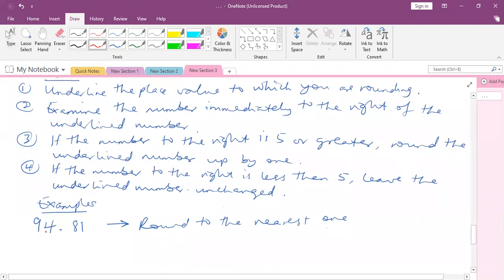This is the hundreds, this is the tens, and this one is the ones. Over here, this is the tenth, and this place value here is the hundredth.